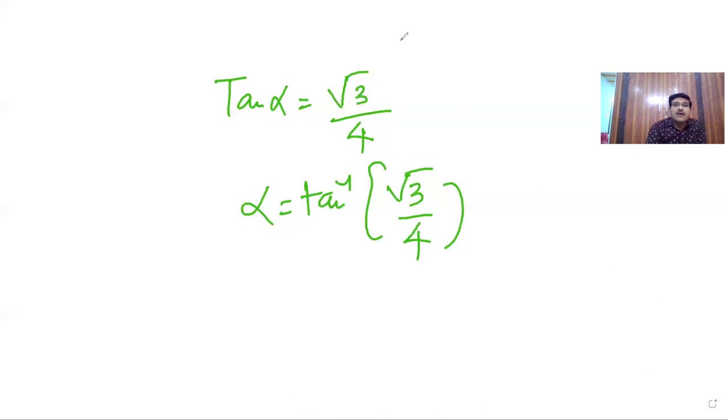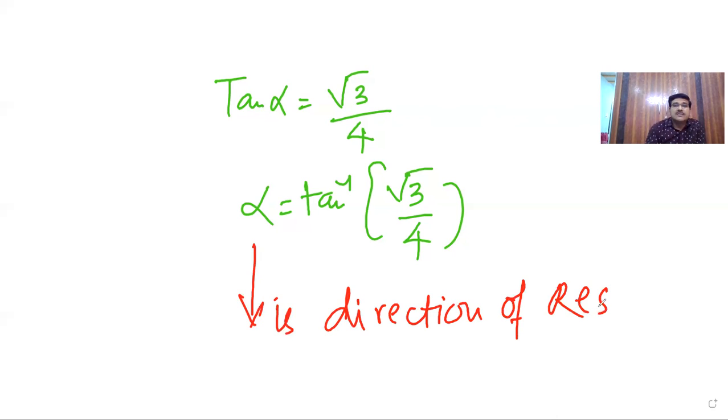Be careful. Alpha is the direction of the resultant R bar with respect to which axis?